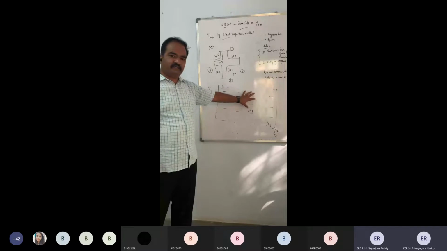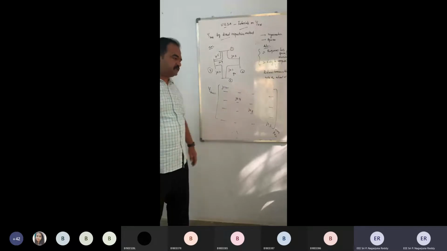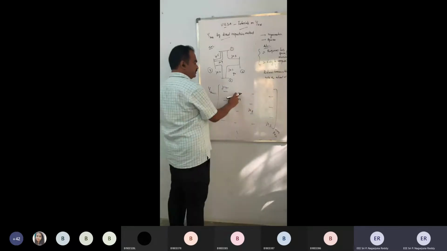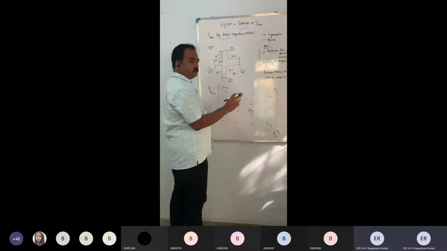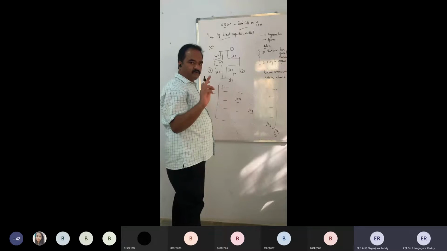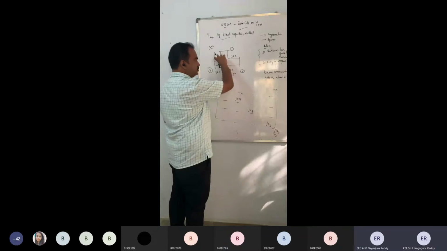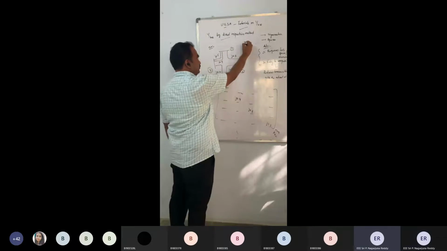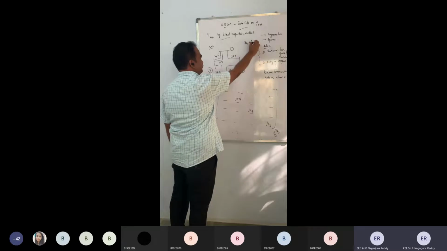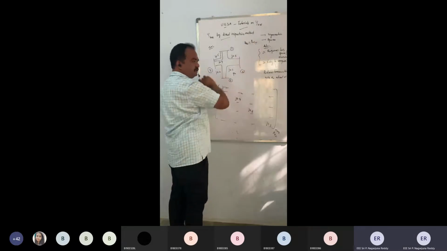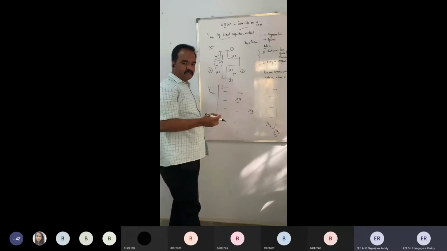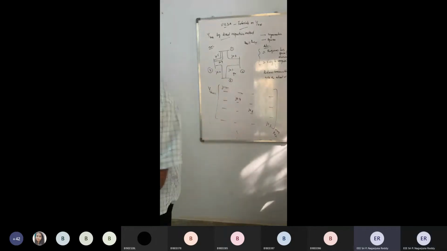So I'm going to fill the upper part of the Y-bus matrix. Now, coming to Y12, it is the summation of all the elements connected between 1 and 2, with a negative sign. There are 2 admittances between 1 and 2. Since both are in parallel, we can directly add them.